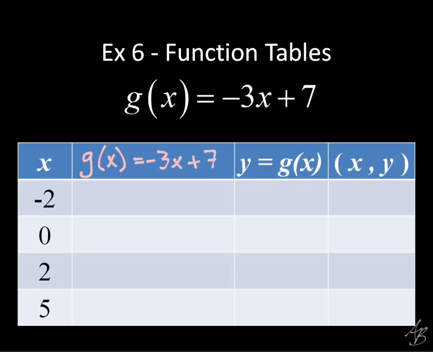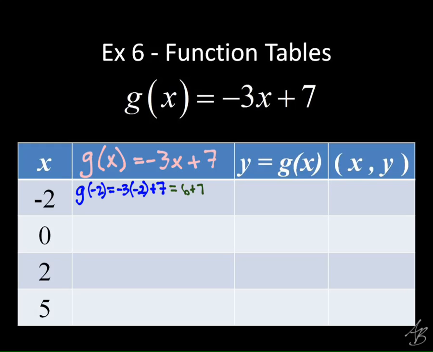So let's do the first one together again, if you haven't done it already. So this time we're going to write g of negative 2. So this shows that we're putting negative 2 in for x. And so it's going to be negative 3 parentheses negative 2. So that's negative 3 times negative 2 plus 7. And what is negative 3 times negative 2? Positive 6.